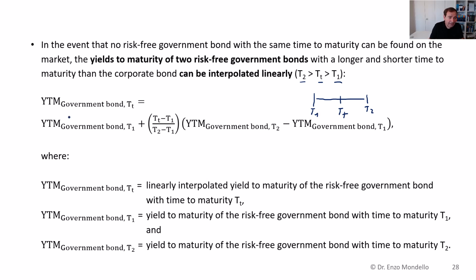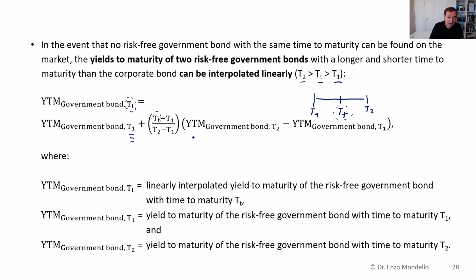To linearly interpolate, we can take the following equation. We take the yield to maturity of the government bond with a shorter maturity. Then we add the time to maturity of the corporate bond, for which we want to calculate the yield to maturity of the government bond with the same time to maturity as the corporate bond, minus the time to maturity of the government bond with a shorter maturity, divided by the time to maturity of the government bond with a longer maturity, minus the time to maturity of the government bond with the shorter maturity.